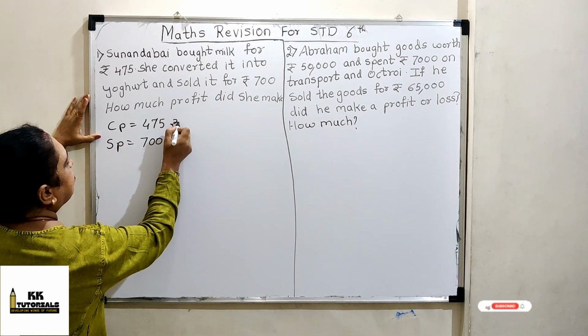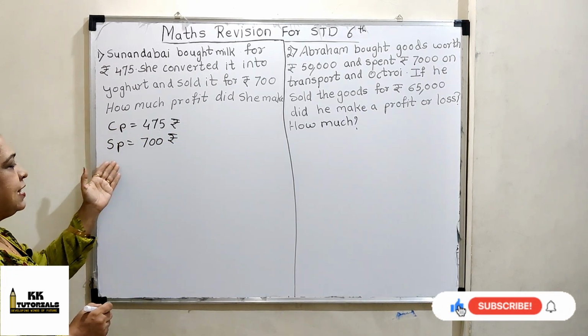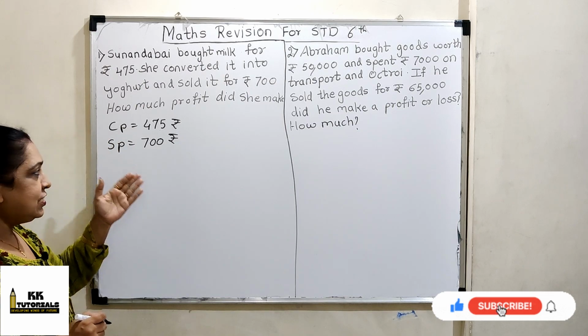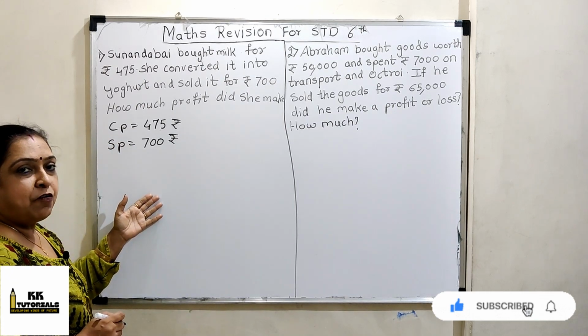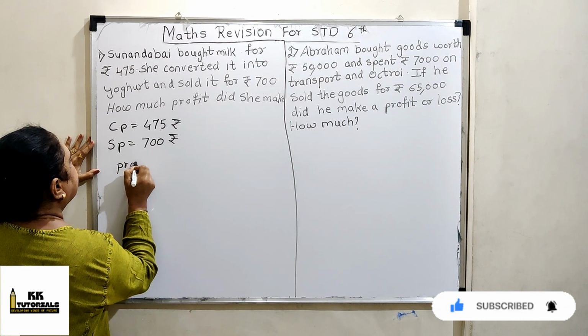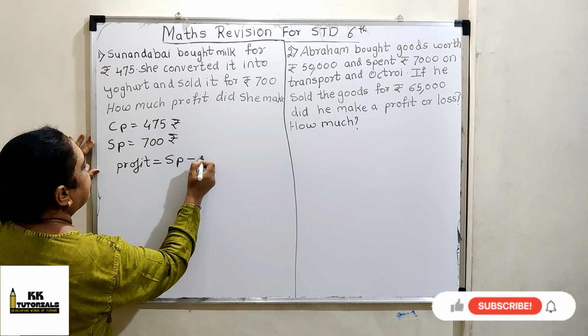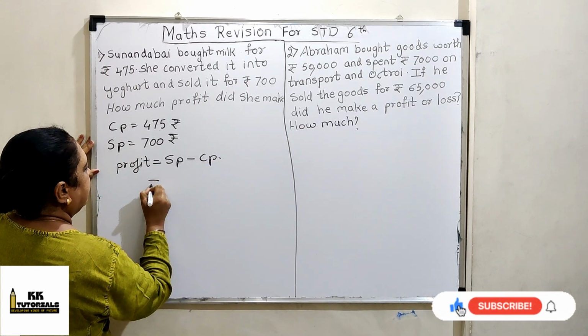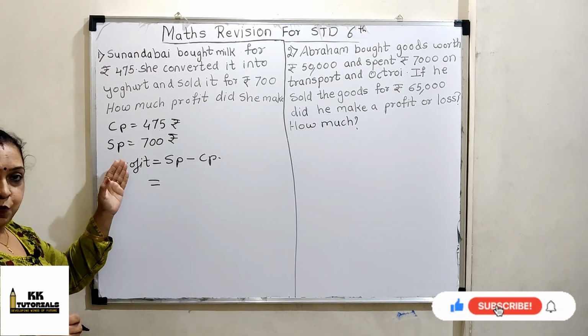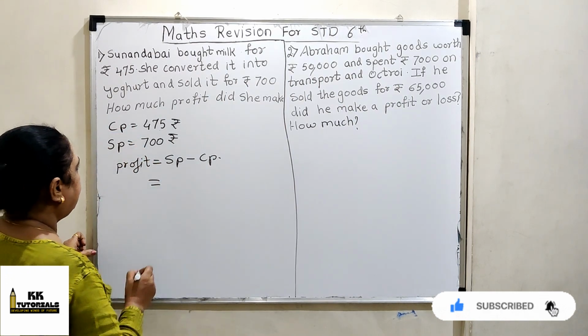From this you can make out, cost price is 475 and selling price is 700. That means she made a profit. Profit is equal to selling price minus cost price. If the selling price is more and the cost price is less, it's a profit. Okay?